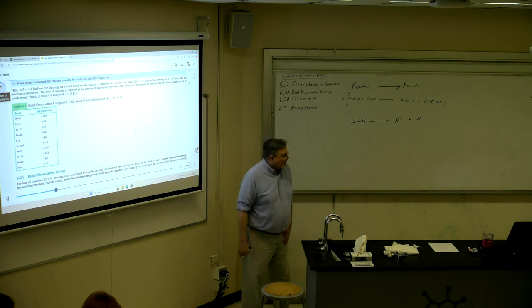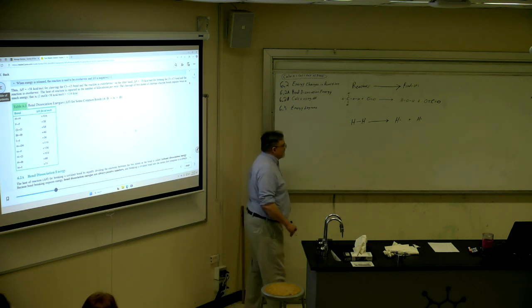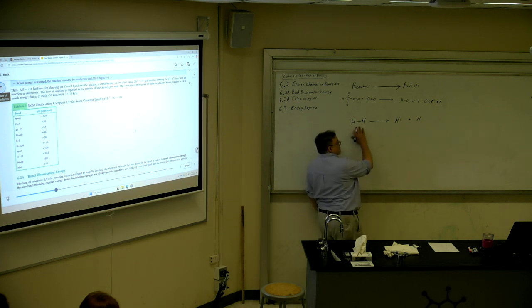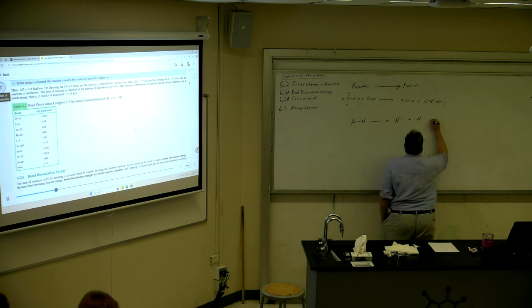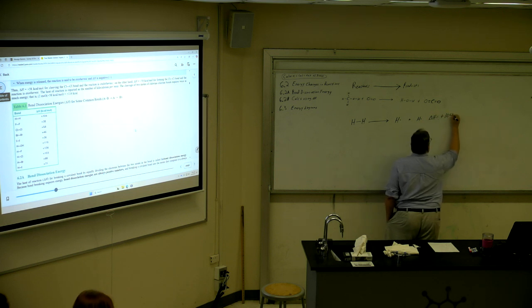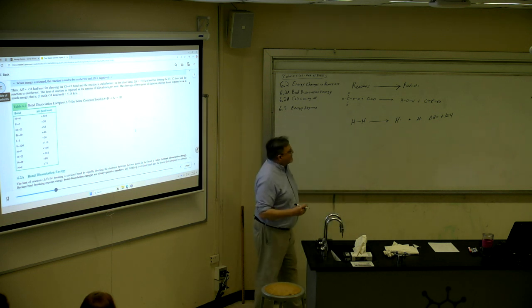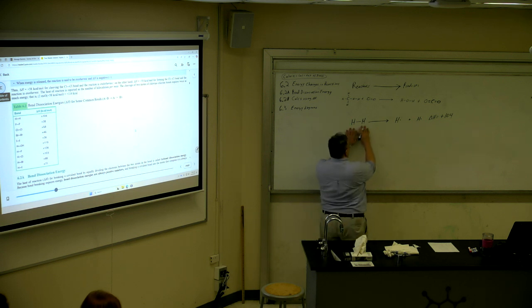But in this case, it takes 104 kilojoules per mole to break a whole mole of molecules of this apart like this. It takes 104, I'll put the positive sign on there. You have to put that much in, and the positive means from the standpoint of the molecule or atoms.